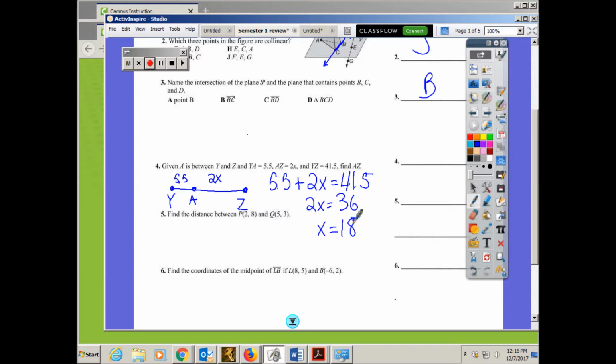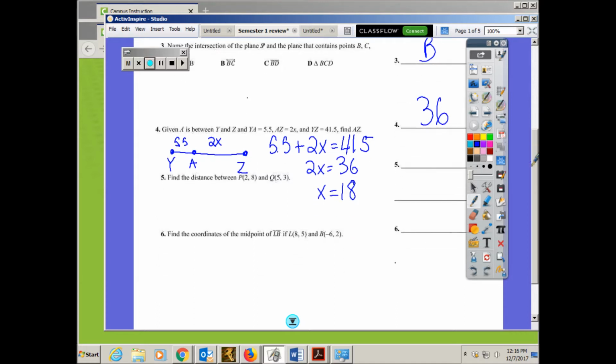But did they ask me to find x? They asked me to find AZ. AZ is 2 times x. So you have to plug it in. Or you could have realized that when you got to here and you got 2x is 36, AZ is 2x. Now on the actual final, I don't know if that step works as well. You might have to solve for x and plug it back in. Okay?